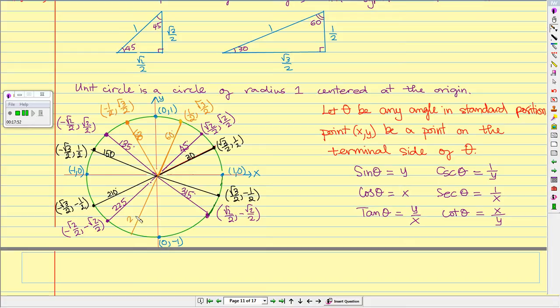So now across from 60 plus another 180, this should be 240 degrees. And when you label the points, my x and y will both be negative numbers, so negative 1/2, inserting the negative sign in front, and negative square root of 3 over 2.